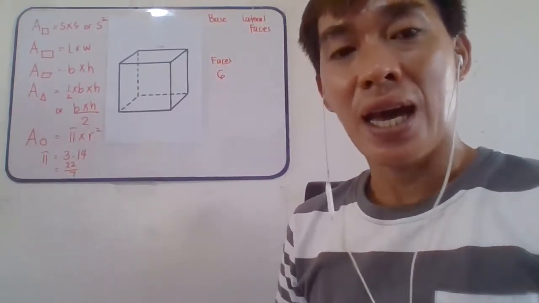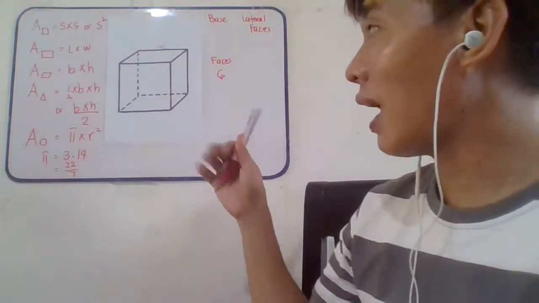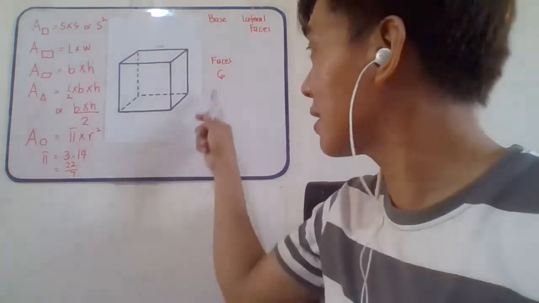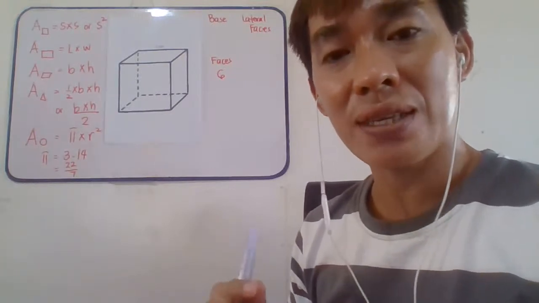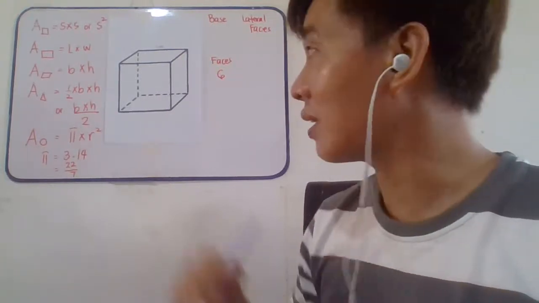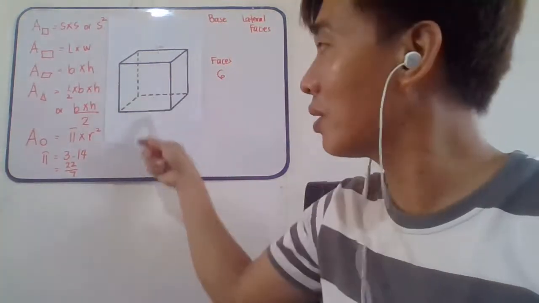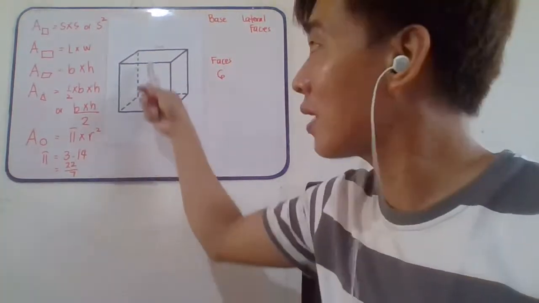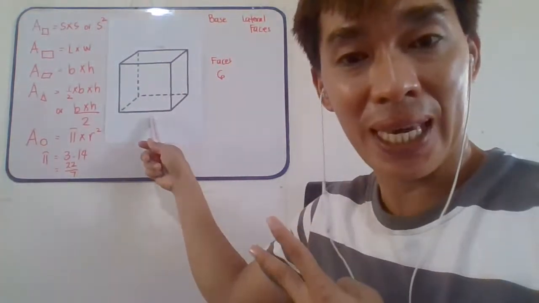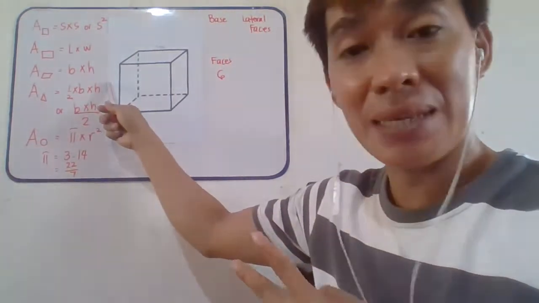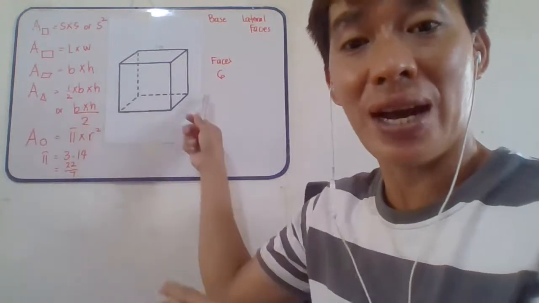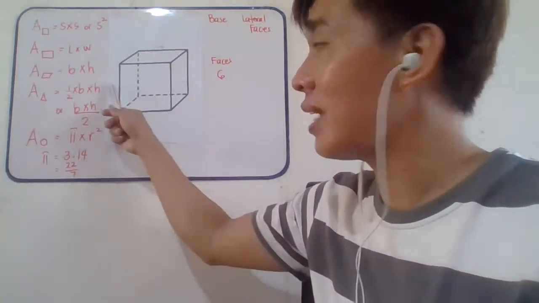If you could see here, our solid figure has 6 faces. And where are the faces of this solid figure? They can be found at the top and the bottom, that's two. Next, there are two sides, the left side and the right side.